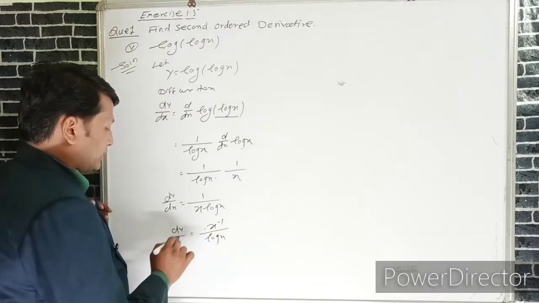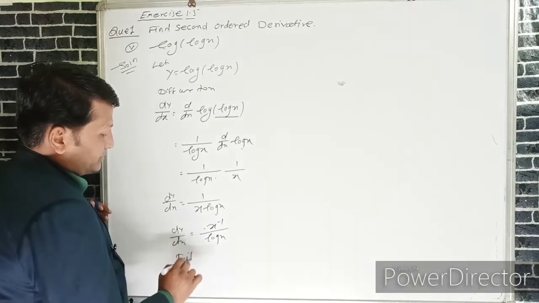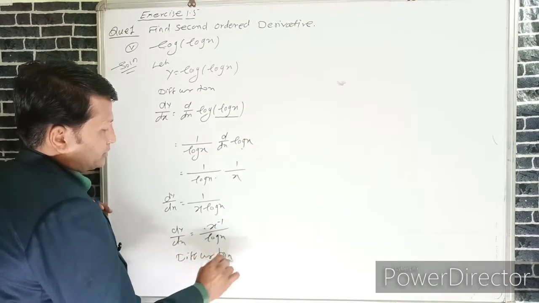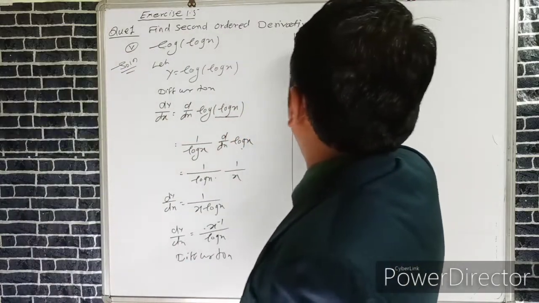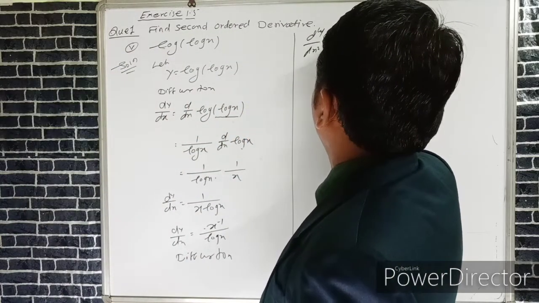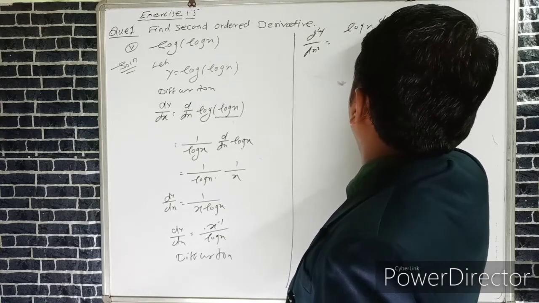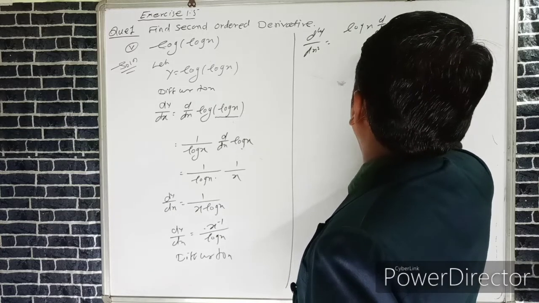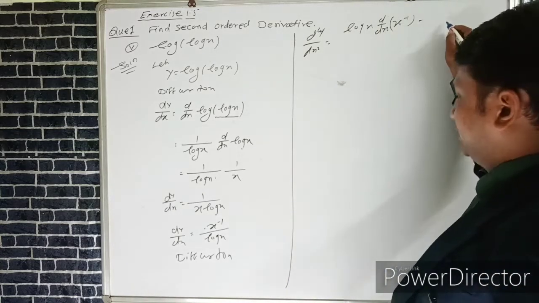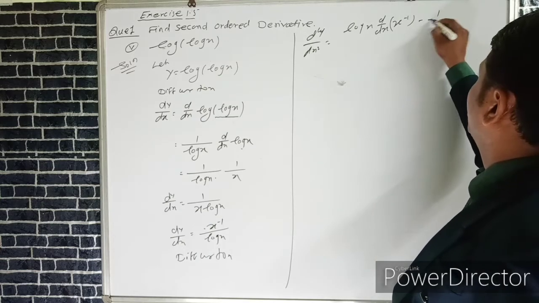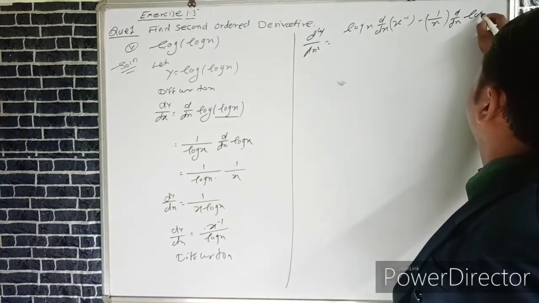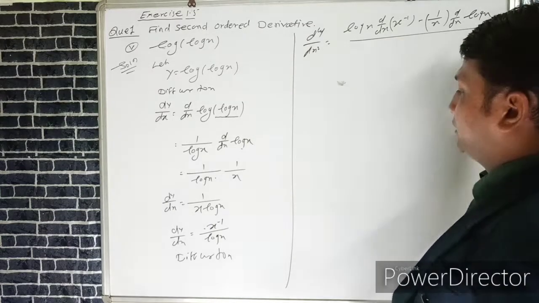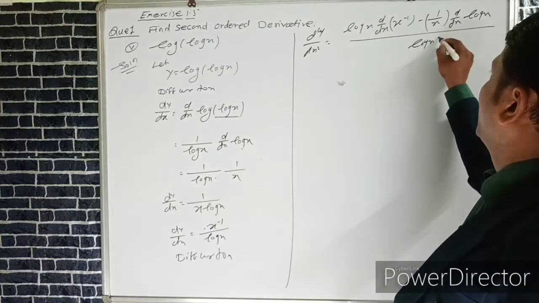If we differentiate with respect to x by using the u upon v rule, we can write d2y upon dx square is equals to log x into derivative of x raised to the power minus 1, minus x raised to the power minus 1, or 1 by x, into derivative of log x, upon log of x whole square.